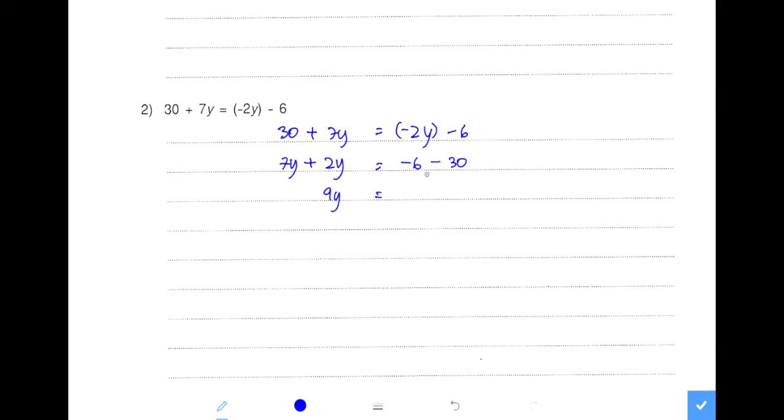Negative 6 minus 30 is negative 36. So my y is negative 36 divided by 9, right? At the end, I have negative 36 divided by 9, so it's negative 4. So easy. You can do it for sure, right?